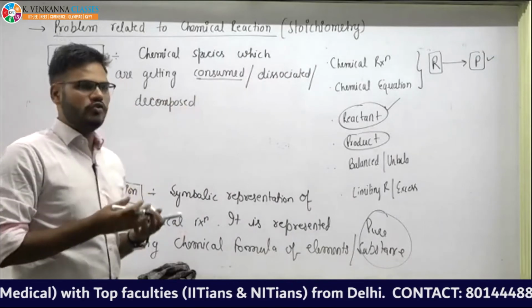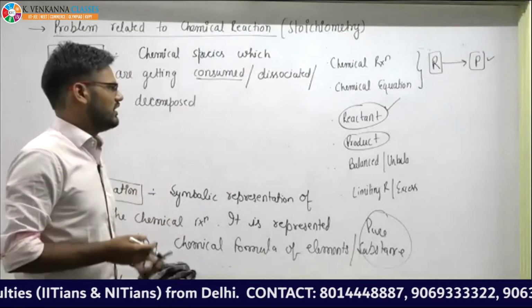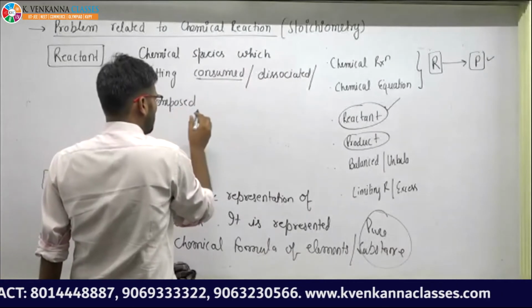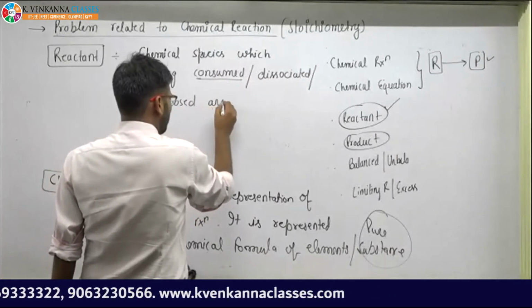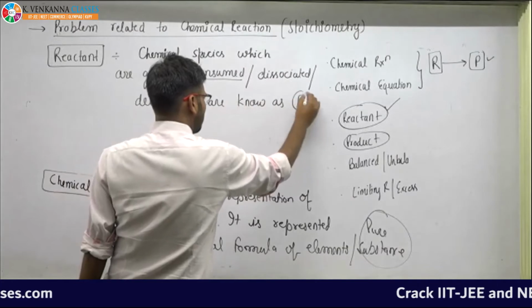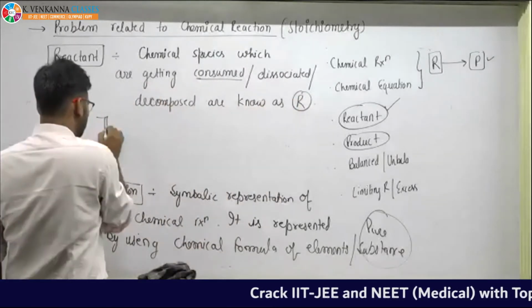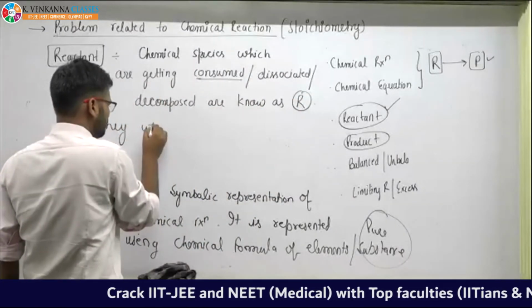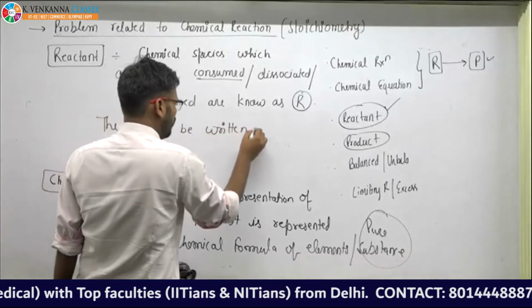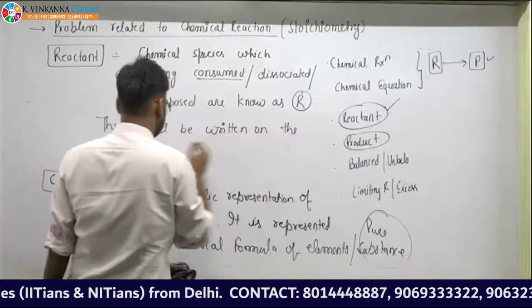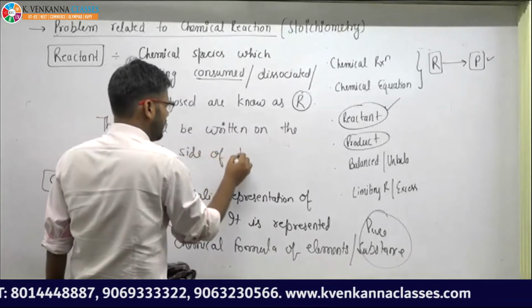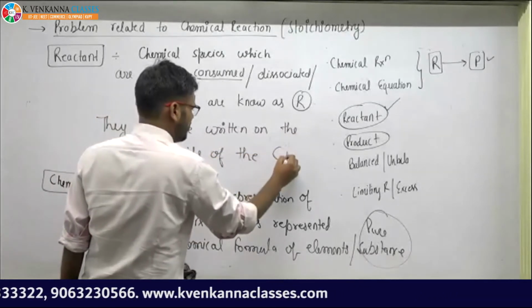They are getting decomposed or they are getting converted into something else. So chemical species which are getting consumed, dissociated, decomposed are known as reactants. They will be written on the left side of the chemical equation.